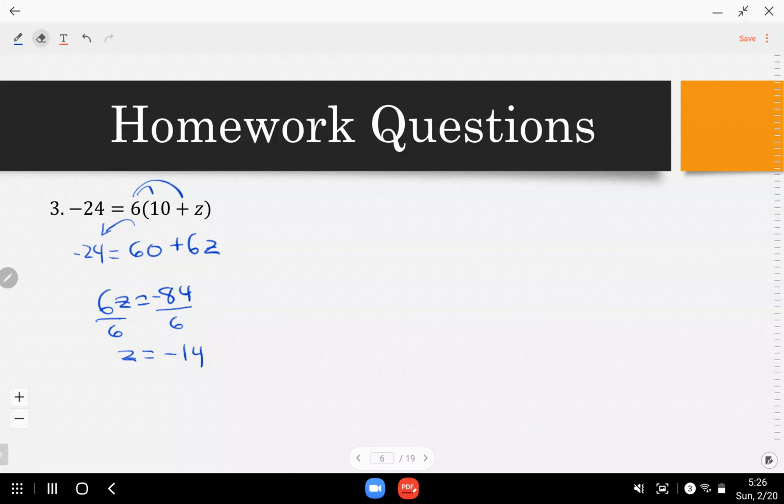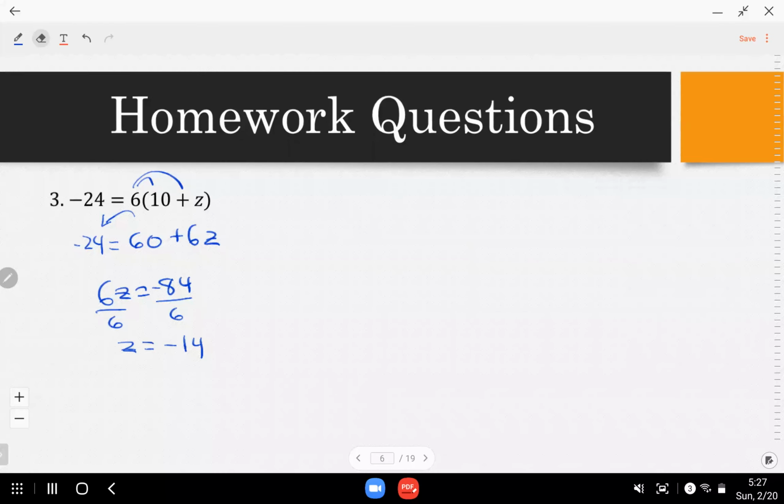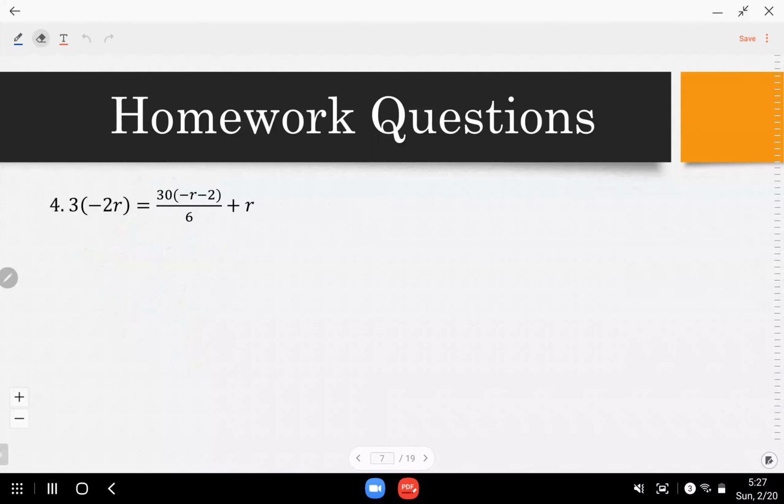So 12 times 12, that's 144. Everybody knows that, right? But 84 divided by 6, that makes you wonder a little bit. So if you're not sure, just use a calculator. Doesn't hurt. But z is equal to negative 14, so just make sure you know how to do the distributive property and you know how to use the calculator. You're fine. Pretty easy.